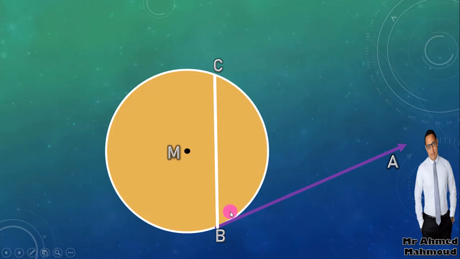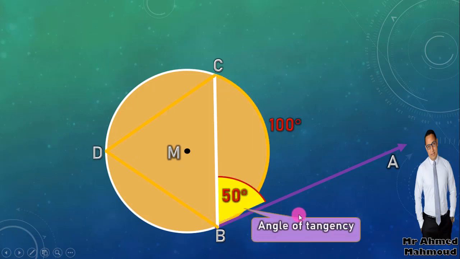And it is also equal to the inscribed angle subtended by the same arc, like this. This is an angle of tangency. If the arc equals 100 degrees, angle B equals half of 100, which is 50, and angle B, the tangency angle, equals the measure of the inscribed angle subtended by the same arc.